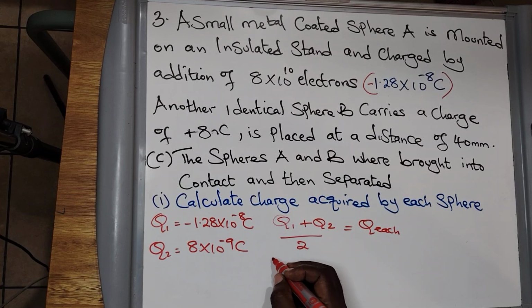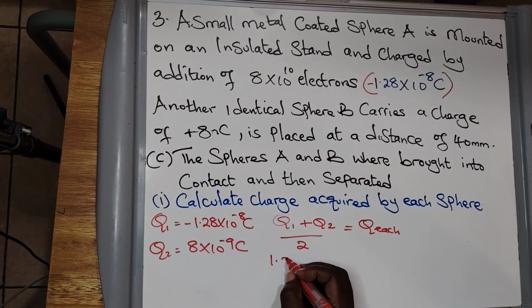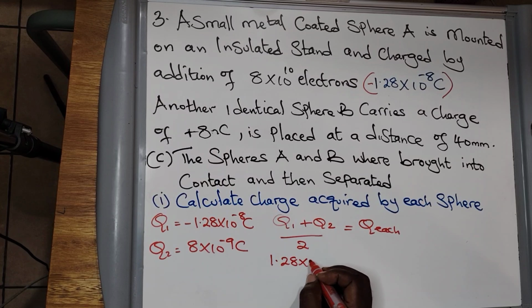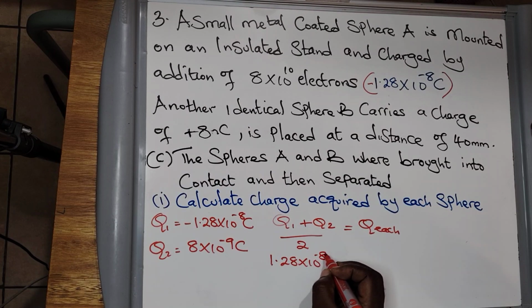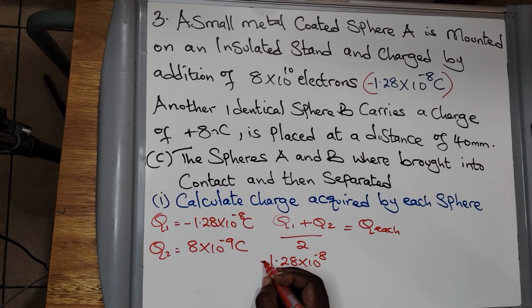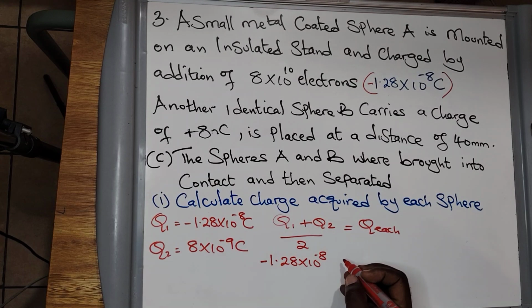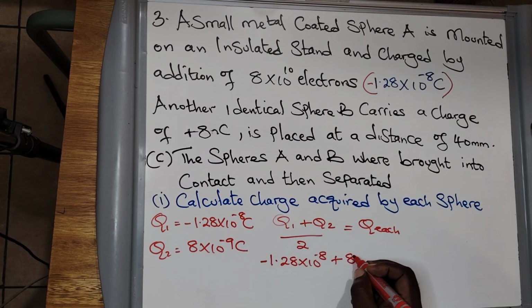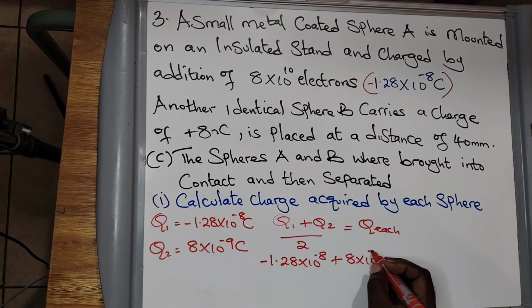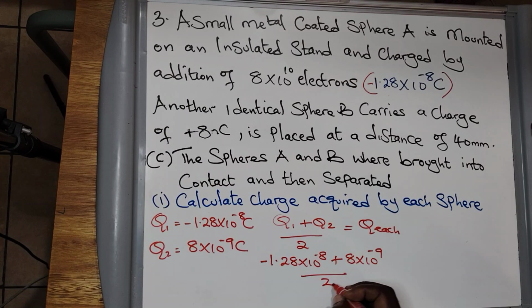What is Q1? It is negative 1.28 times 10 power minus 8. It is very important that the signs are indicated. So then plus positive 8 times 10 power minus 9. You divide by 2.